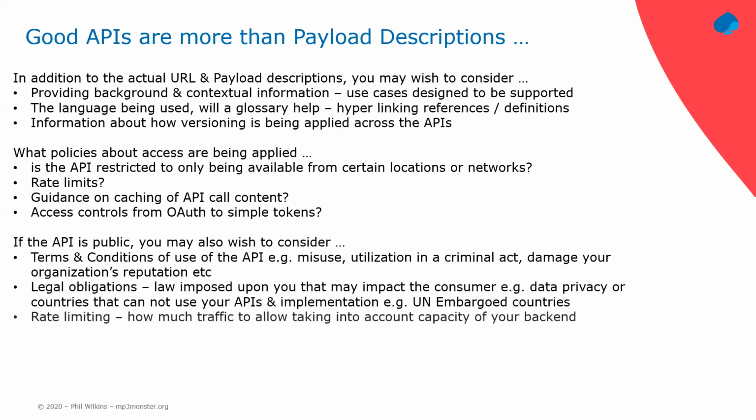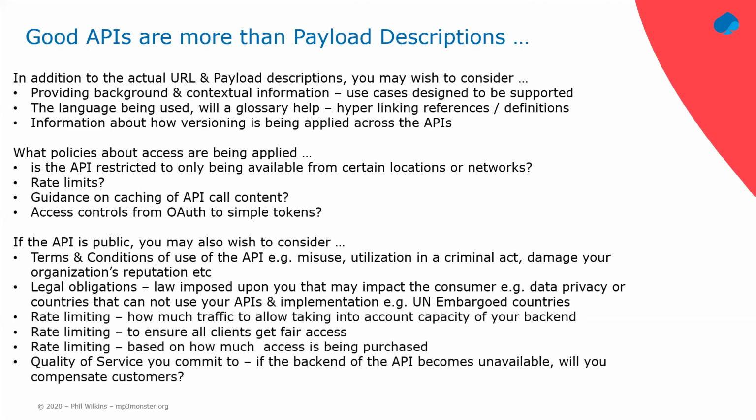And also you've got to think about your T's and C's. What you don't want to do is offer an API and then get caught out because someone's misused it, and that misuse left you liable.